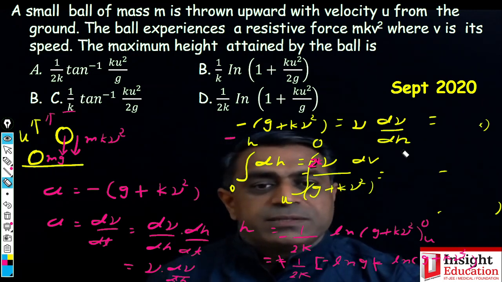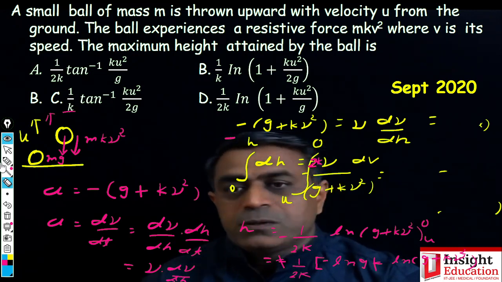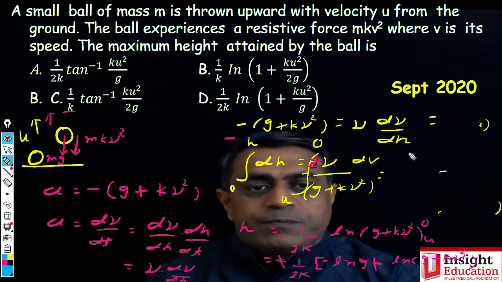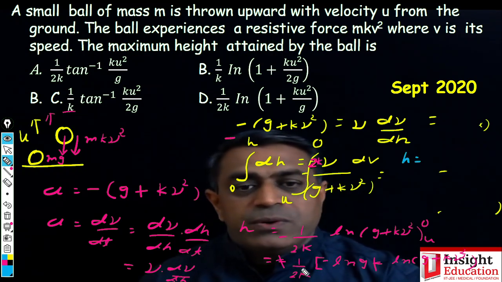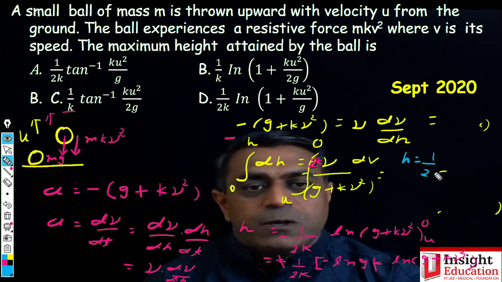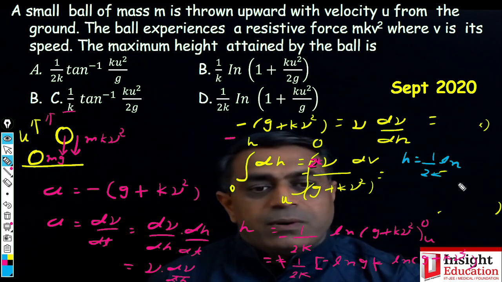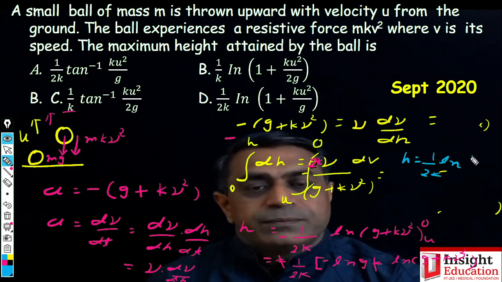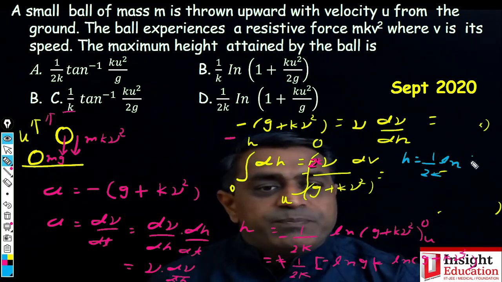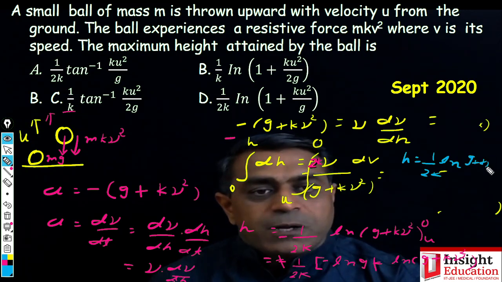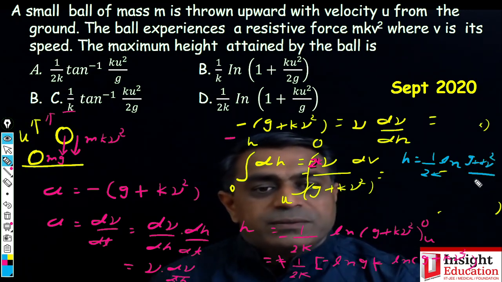So here h is equal to 1 upon 2k log of g plus kv square upon g.